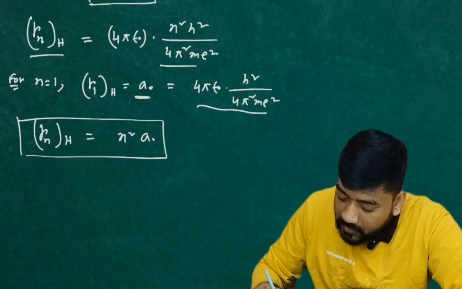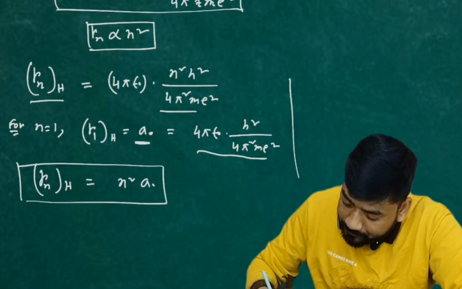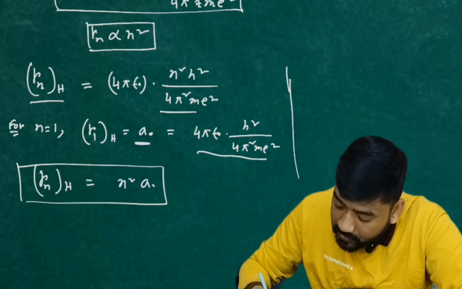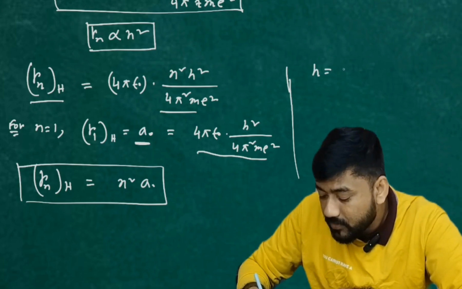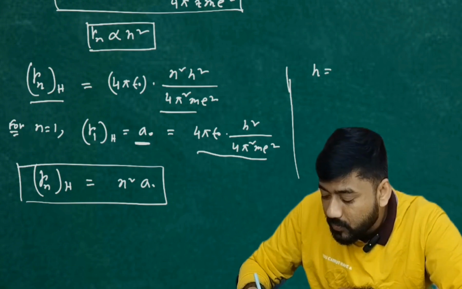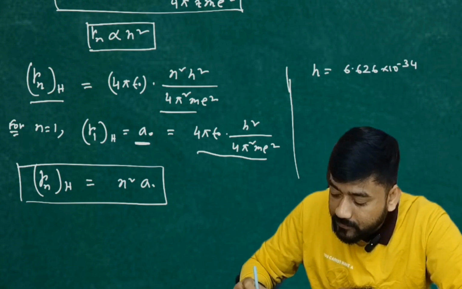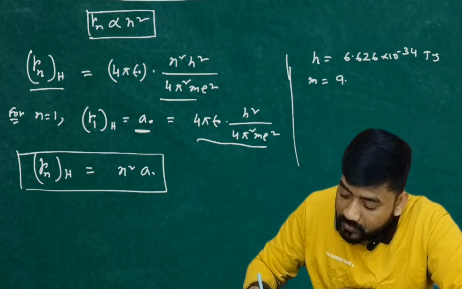If you put in the value of h, the Planck constant, you should remember these values: 6.626 into 10 to the power minus 34 joule second, the value of pi, and the mass of electron 9.11 into 10 to the power minus 31 kg.